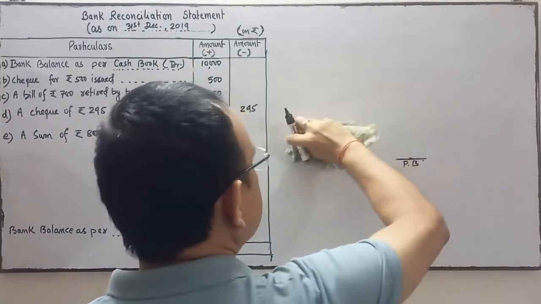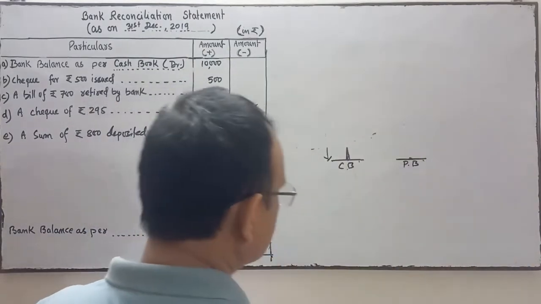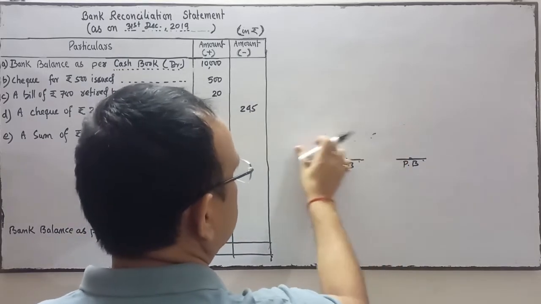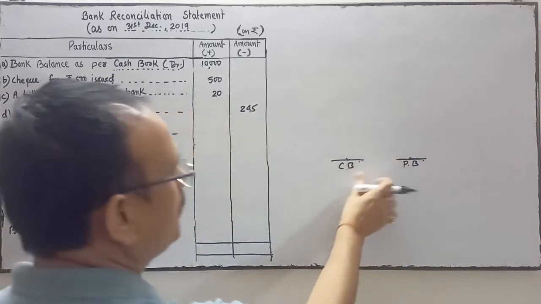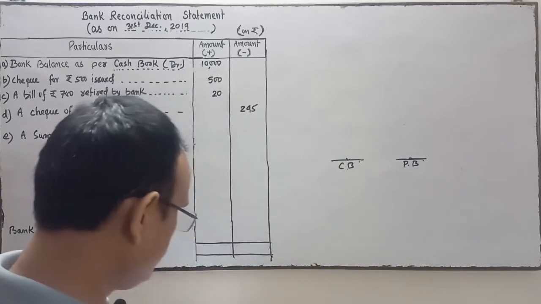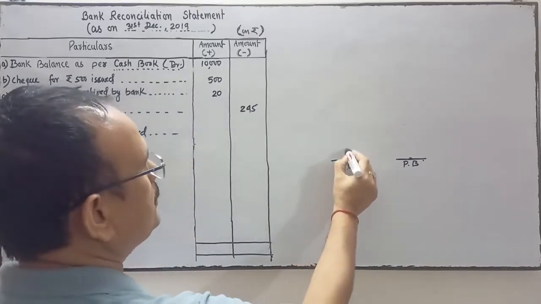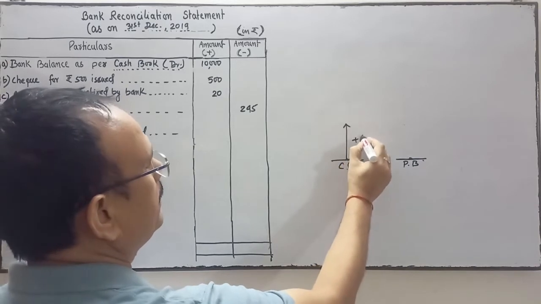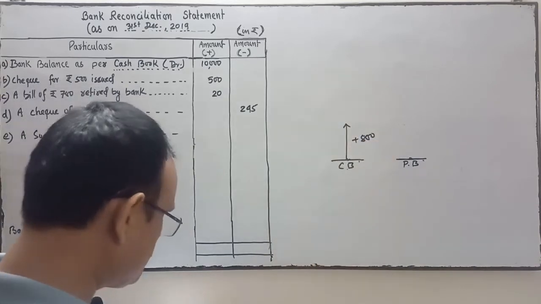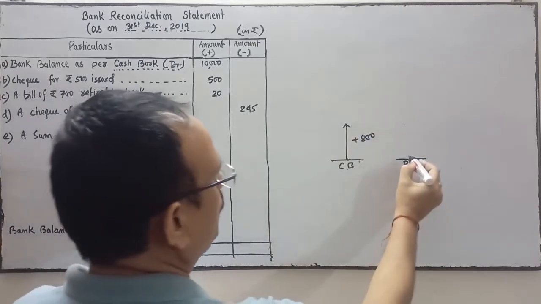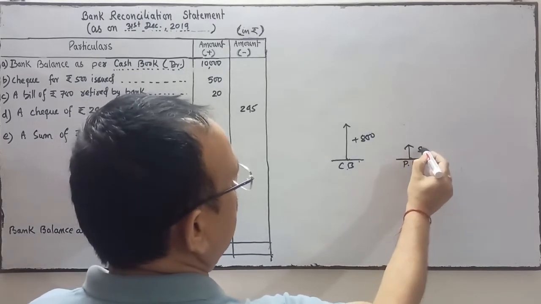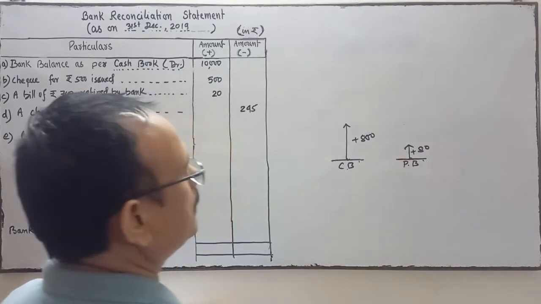So when we deposit the amount, how much amount is deposited? A sum of rupees 800 is deposited in the bank, so cash book is increased by 800, whereas passbook is increased by only 80 rupees, plus 80.